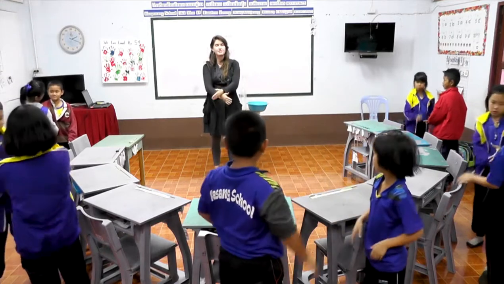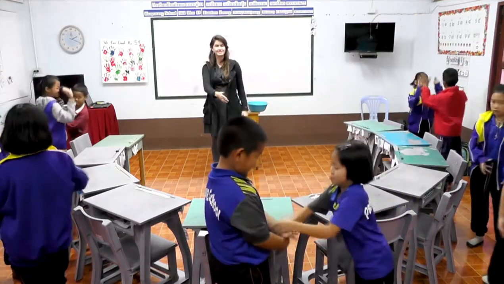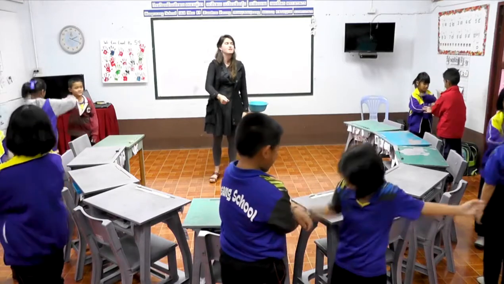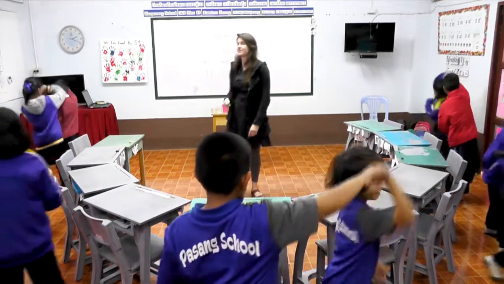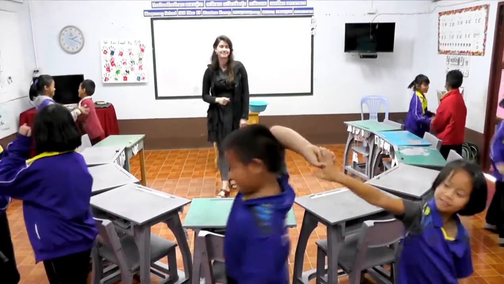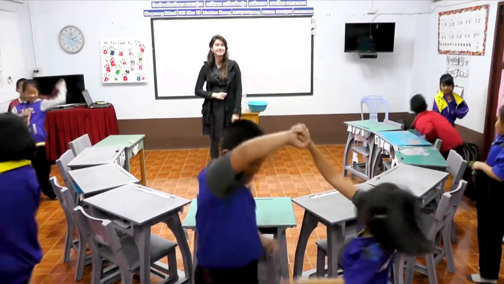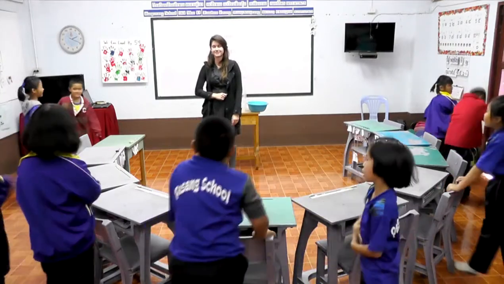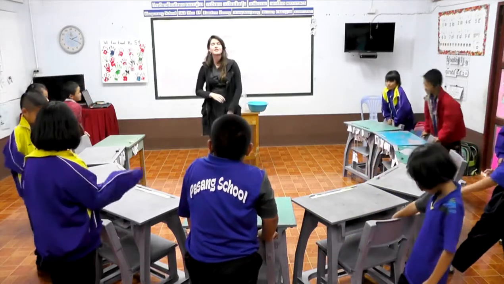Shake 2 hands with your neighbor. Shake 1 hand with your neighbor. Spin your neighbor. Get some spins for yourself. Or do the double spin. Good job, friends. Tell your neighbor thank you. And you're welcome. Good job.